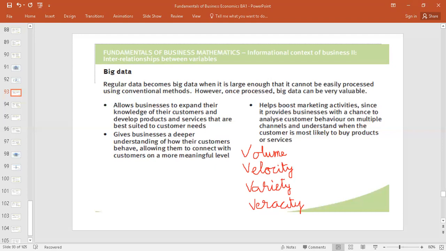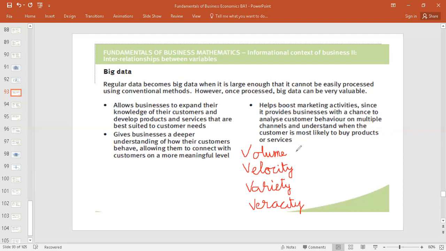These are the four attributes or characteristics of big data. So regular data becomes big data when it is large enough that it cannot be easily processed using conventional methods. However, once processed, big data can be very valuable.